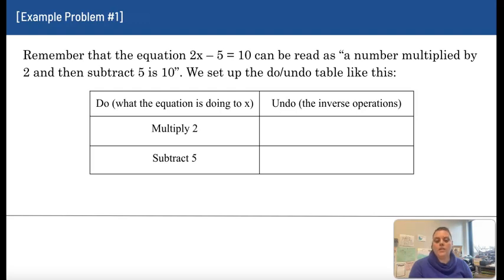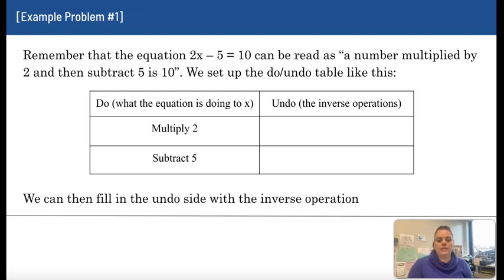Then we set up our undo side, which is the opposite, the inverse operation. So the opposite of multiply is to divide. So we're filling in the undo side. The opposite of subtract is to add. And we keep the same number, add 5, divide by 2.